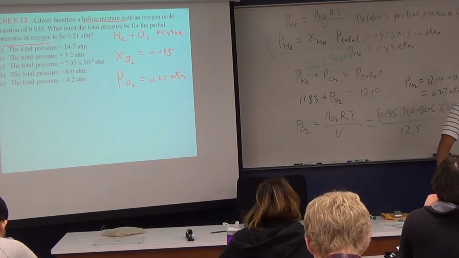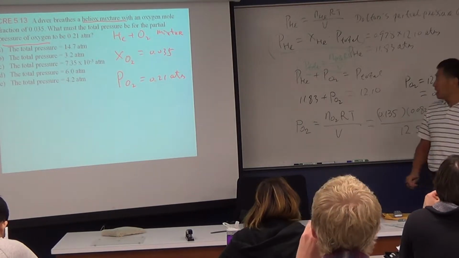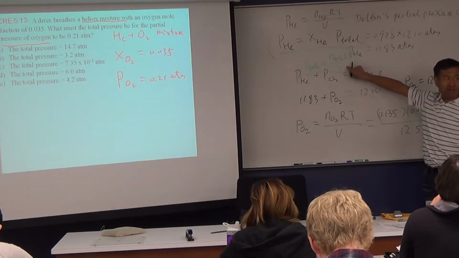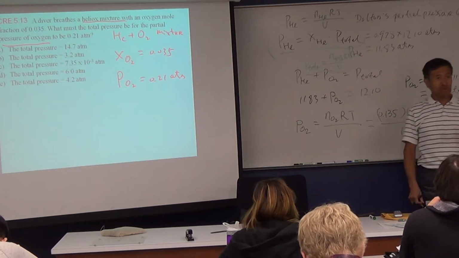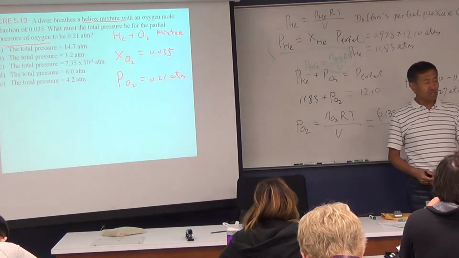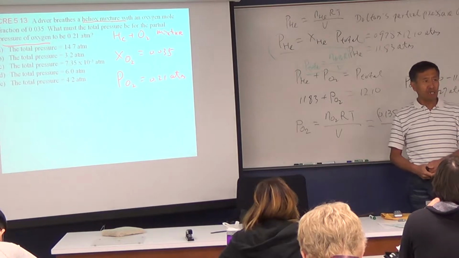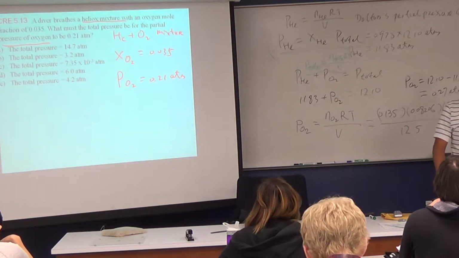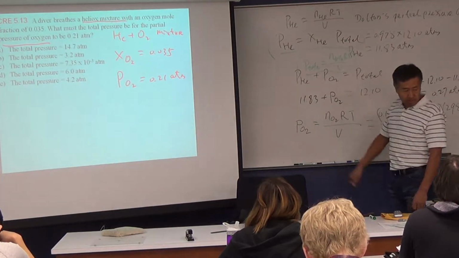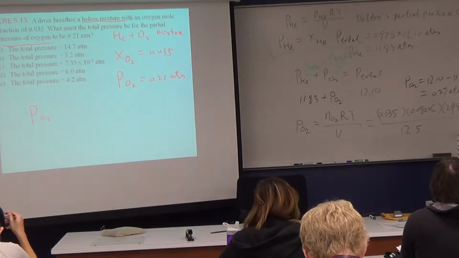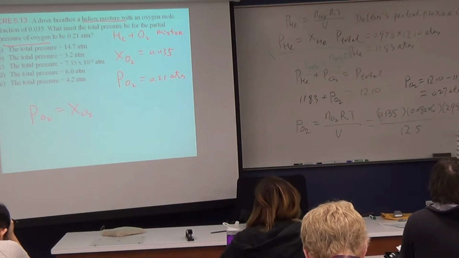So if you summarize what we know, obviously we don't have enough information to use PV equals nRT because we don't know the temperature and so on. Is there any equation that has total pressure in it? Yes, that's the new equation we learned in Tuesday's class: PO2 equals XO2 times P total.